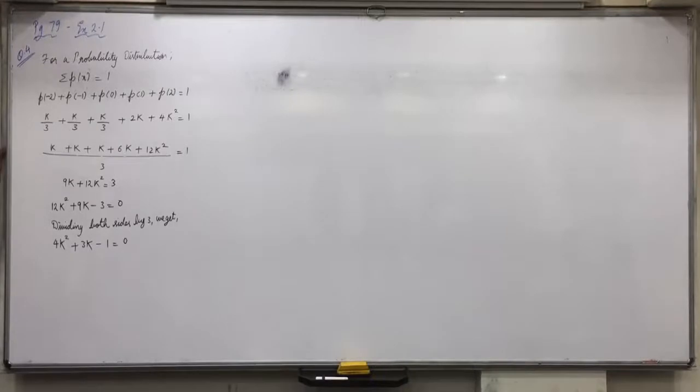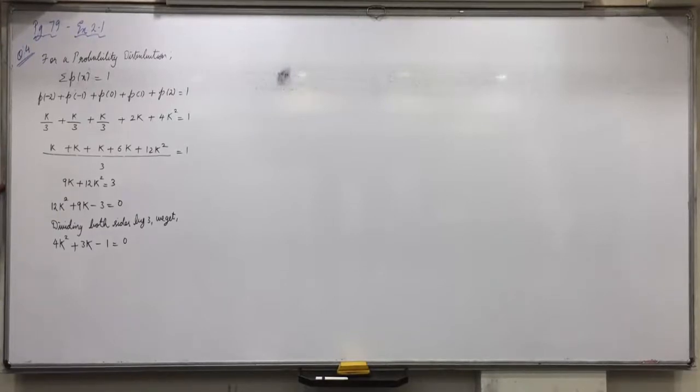Now raise your hand. How will you do the factorization? Anyone else? Simple factorization it is. Maths comes means what? Sarvesh? 4k square plus 4k minus k minus 1 is equal to.